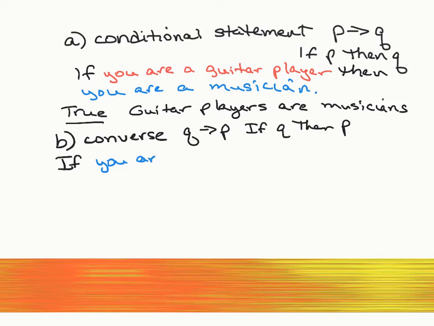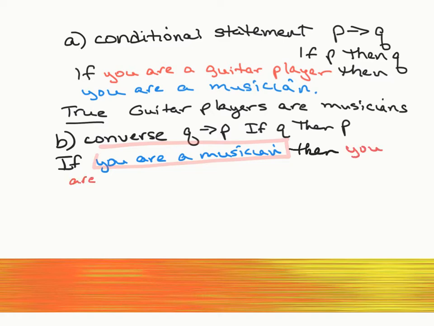Actually, I'll show it because that was the original. If you are a musician. So now, remember, this becomes the hypothesis now. And then, I don't want to highlight. Then you are a guitar player.